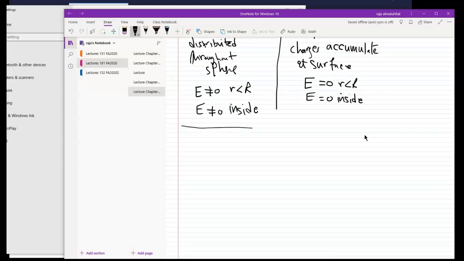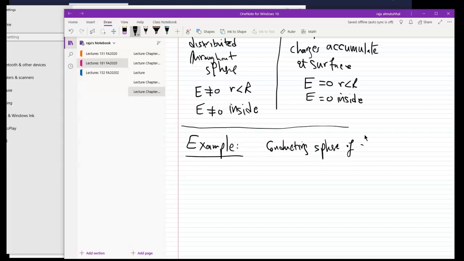So let's say, for example, here's an example. That's an example just for my lecture notes, that is. Let's say I have a conducting sphere of charge, let's make it big Q, okay?